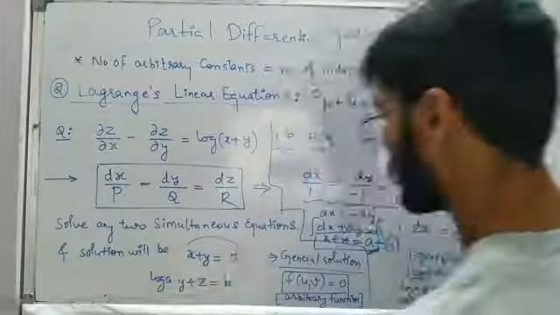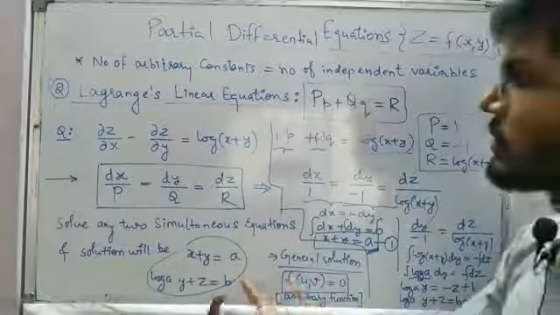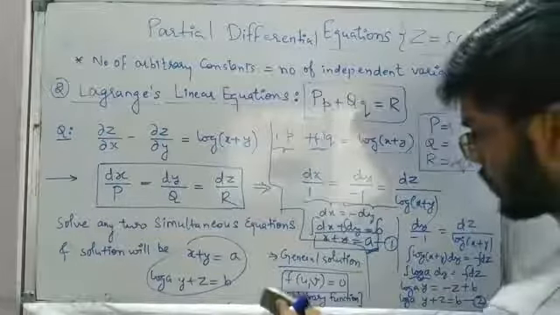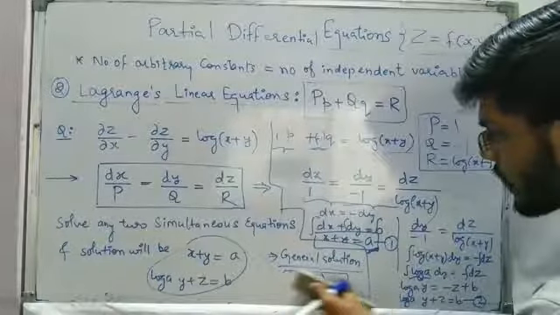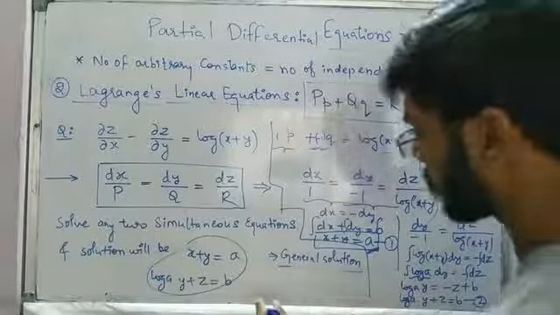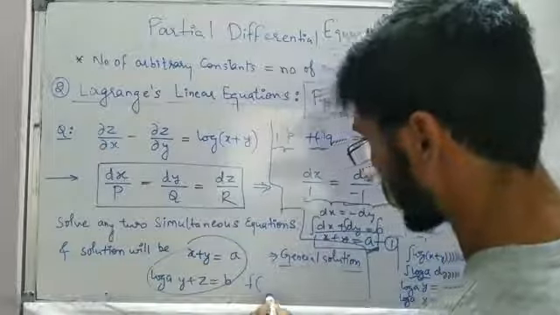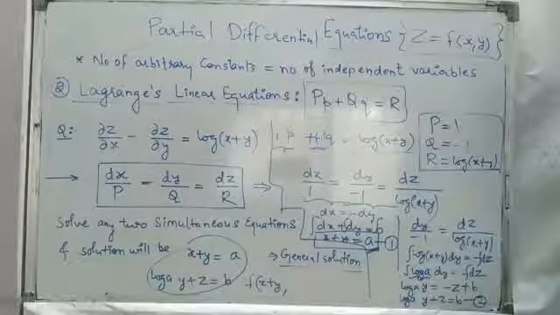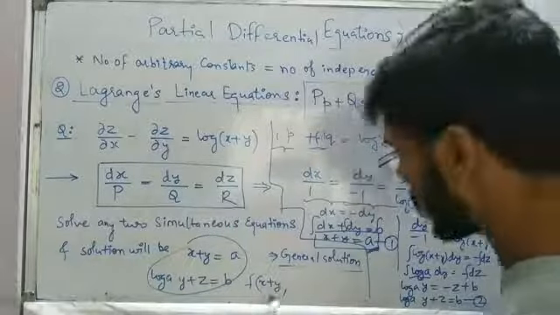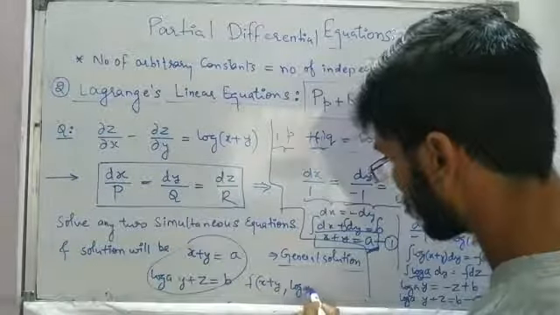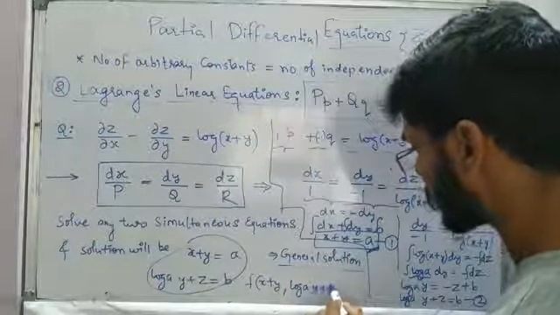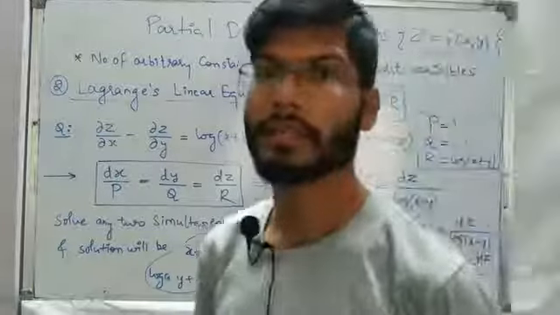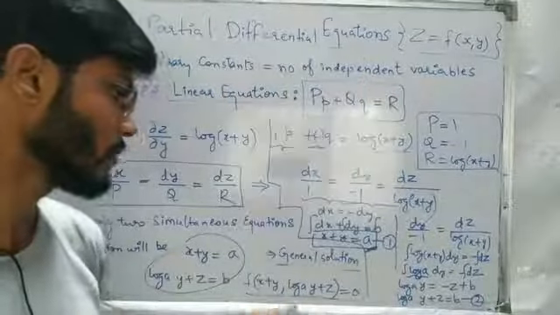So these are the general solution of our Lagrange's equation, and in the form of an arbitrary function we can write f of u comma v is equal to 0. So we can write f of x plus y comma log a into y plus z is equal to 0. So we have our arbitrary function f of u comma v is equal to 0.